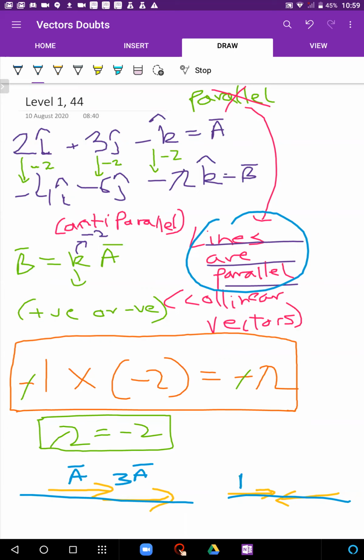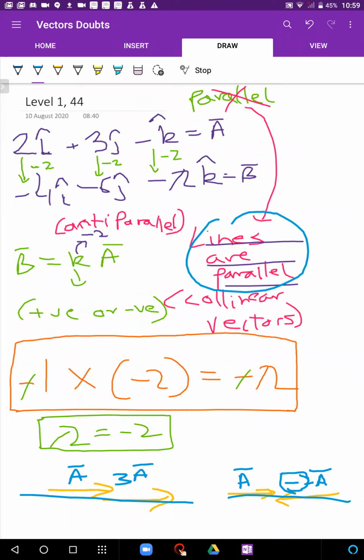And similarly, won't I get a vector in the opposite direction by multiplying it with a negative number? So I get parallel vectors by multiplying it with some positive number. I get anti-parallel vectors by multiplying that vector with some negative number.